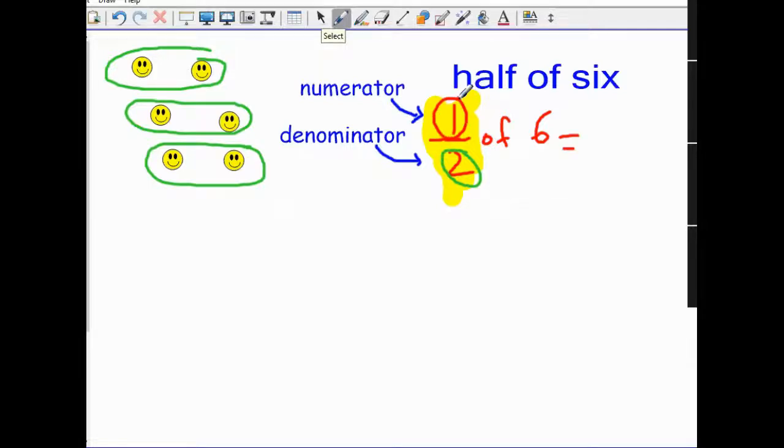It is what? 1. So I will check 1 from every group. The third step is to count the checked objects. So 1, 2, 3 happy faces are checked. So half of 6 is 3.